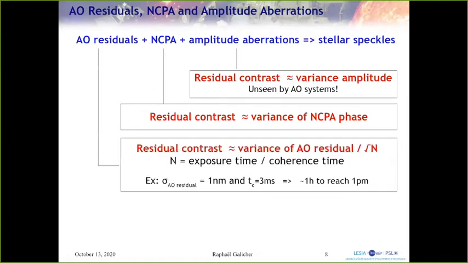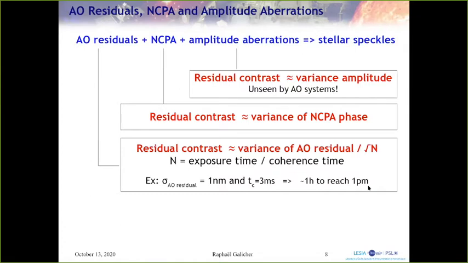So let's say we have an exposure time that is n times the coherence time, then the residual contrast will be the variance of the error residuals divided by the square root of n. Meaning that if we have an AO system that gives residuals of about 1 nanometer and a coherence time of 3 milliseconds, then we will need to wait 1 hour to reach the 1 picometer that gives a 10^-10 contrast.